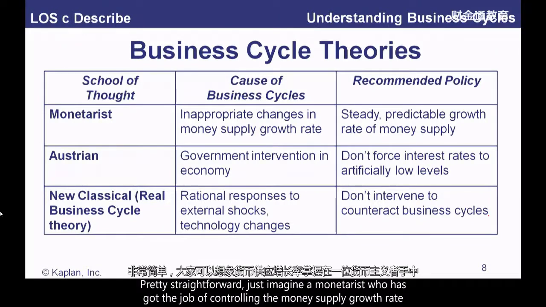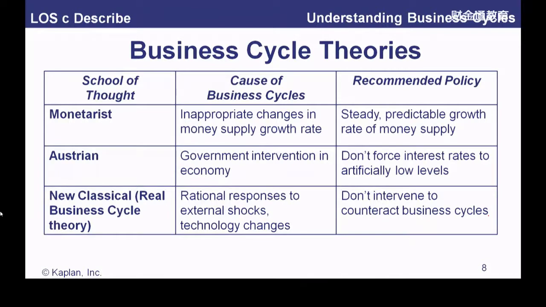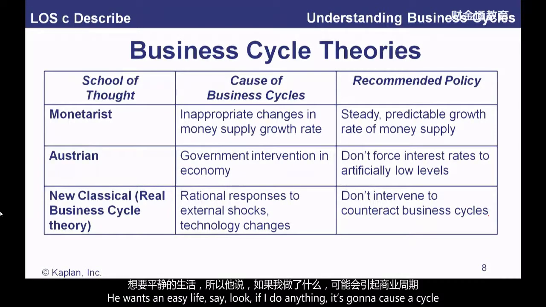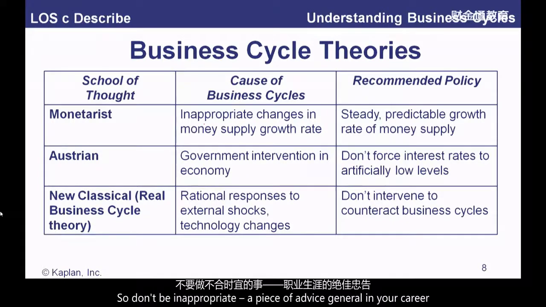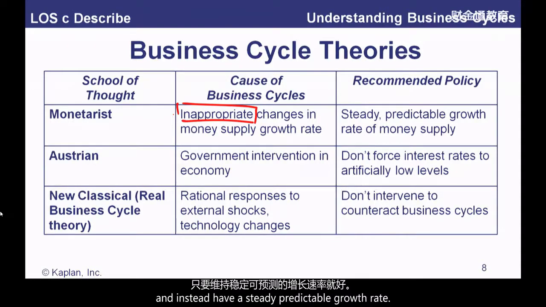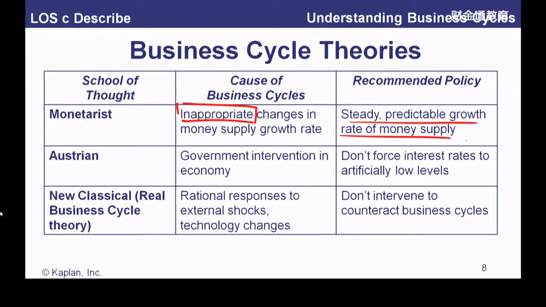Just imagine a monetarist who's just got the job of controlling the money supply growth rate and wants an easy life. Well, if you want an easy life, say, look, if I do anything, it's going to cause a cycle, so let's not. So don't be inappropriate. Good piece of advice generally in your career. And instead, have a steady, predictable growth rate. Again, fairly easy to remember.